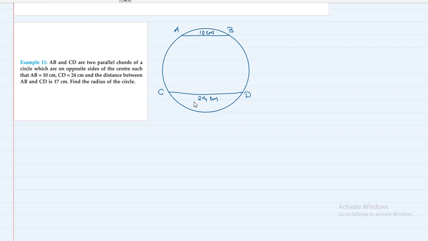And the distance between AB and CD is 17 centimeter. So the distance between them will definitely be the perpendicular distance.